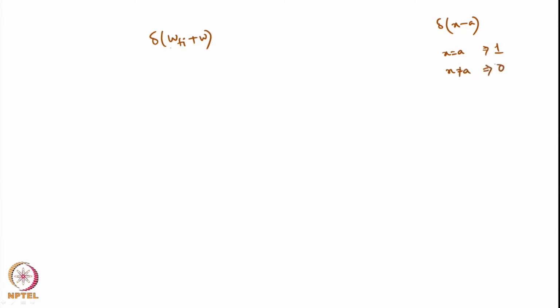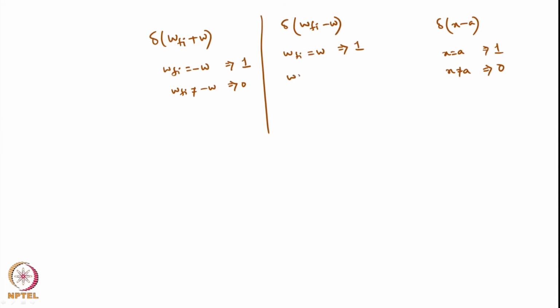If I apply the same principle to ω_Fi + ω, when ω_Fi is equal to −ω, this function will go to 1. When ω_Fi is not equal to −ω, this function will go to 0. Similarly, for δ(ω_Fi − ω), when ω_Fi is equal to ω, this function will go to 1, and when ω_Fi is not equal to ω, this function will go to 0.